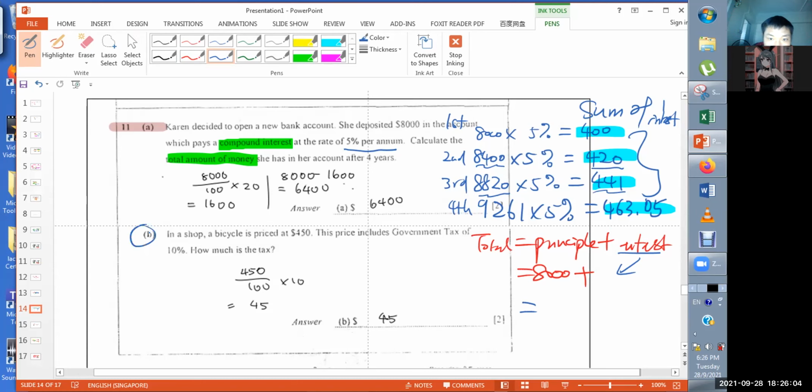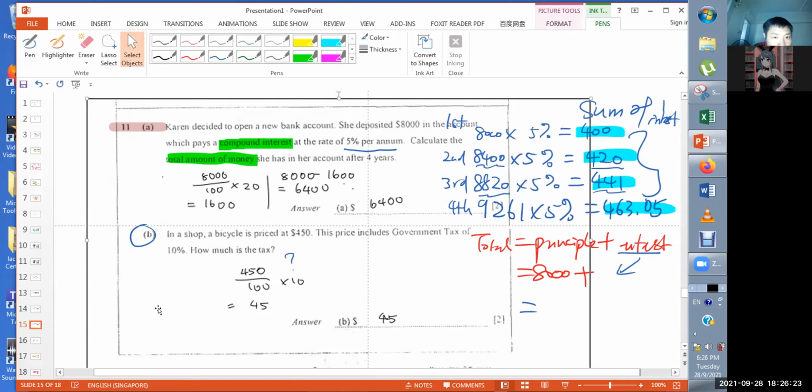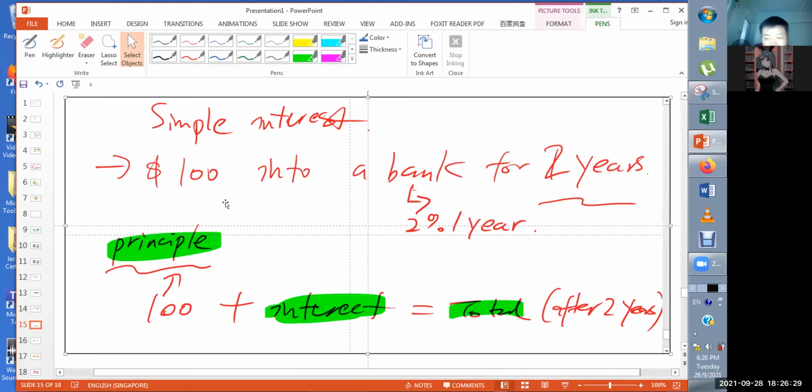What about below? In a shop, a bicycle is priced. The price includes government tax. How much is the tax? Wait. This question includes the tax already. I'm not sure if you want to do it this way. Let me show you how I can do it better for this question. I think it's a similar concept, but I can do it in a better way.